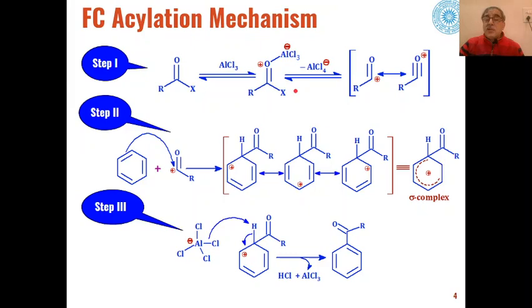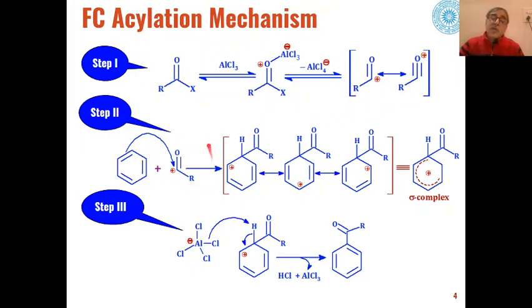Then X from here and AlCl3 from here will be removed, as if this X is a halogen, because we are using acyl chlorides. So AlCl4 negative will be removed, AlCl3 and Cl from here, and we will get this type of acylium cation. And this acylium cation is a very stable cation because it is a resonance hybrid of these two structures.